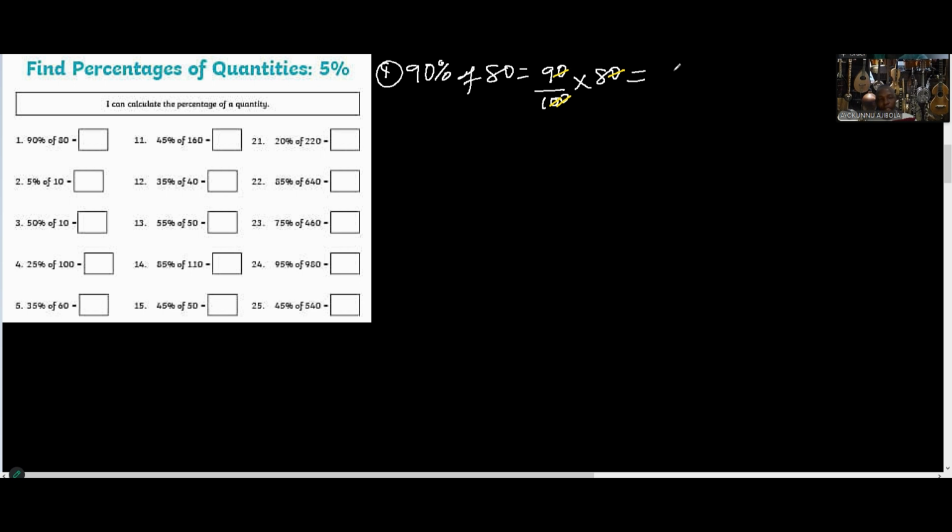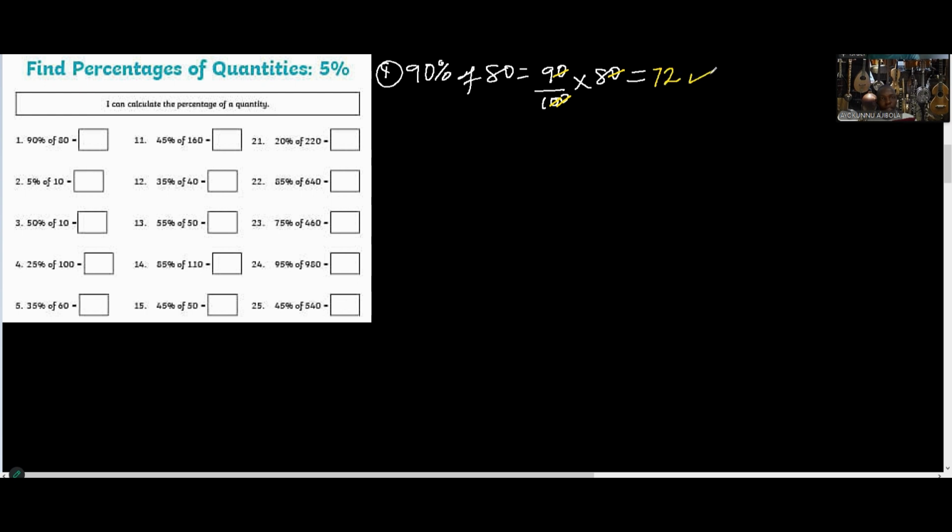What is 9 times 8? 8, 9, 18, 27, 36, 45, 54, 63, 72.